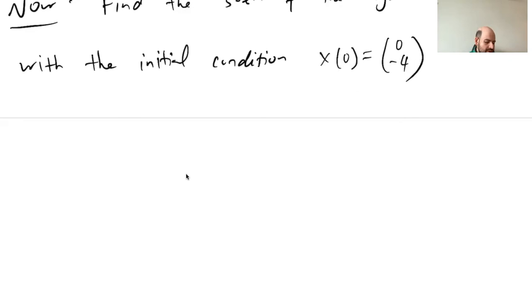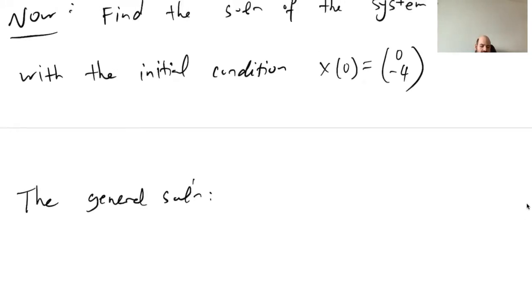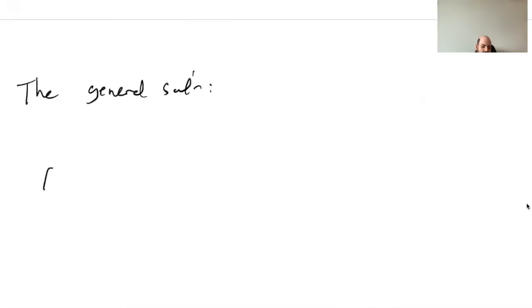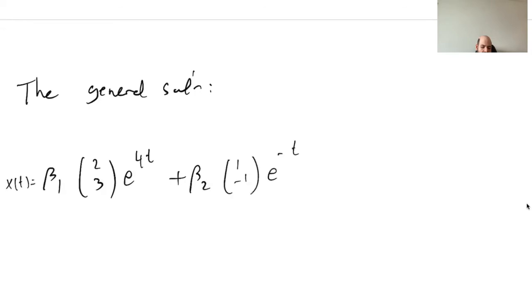So the general solution here, we just said, is the linear combination of linearly independent solutions, and these are the two solutions. So the general solution is x of t equals beta 1 (2, 3) e to power 4t plus beta 2 (1, -1) e to power -t.